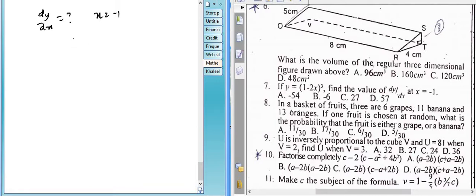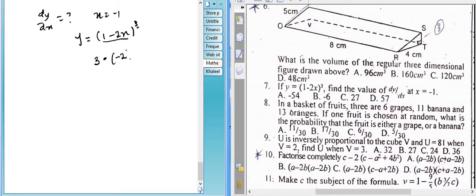The equation is y equals (1 minus 2x) all to the power 3. We can use the chain rule: take the power at the front, 3, then multiply by the derivative of the thing inside the bracket, which is -2.